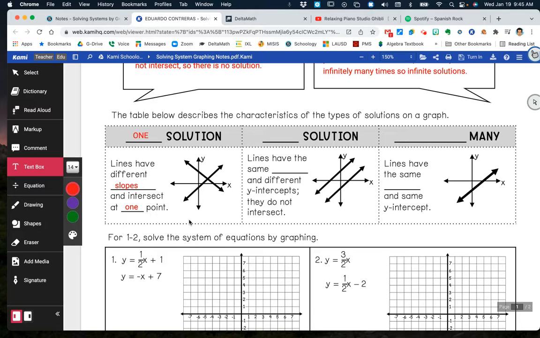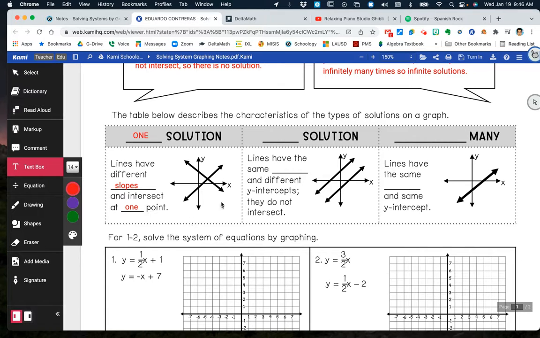One line with a positive slope, it's going uphill. Those are different slopes. So they're going to meet at some point. Okay. And they only meet once. Any questions?